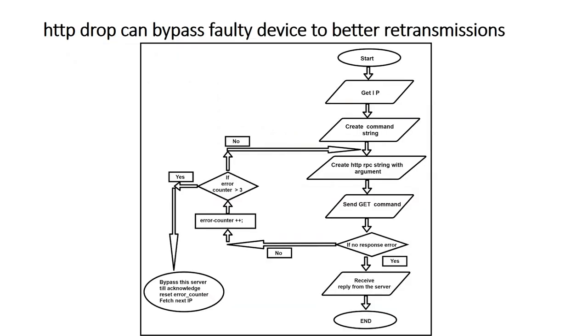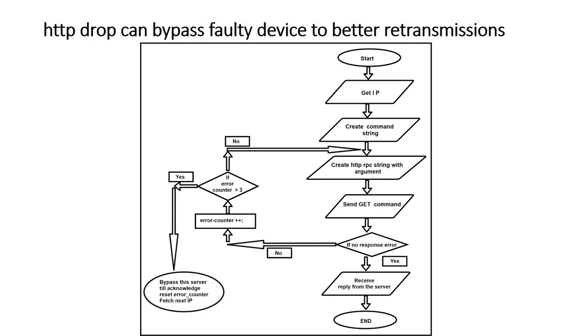Now, in a proper communication system using Ethernet, suppose you are communicating from A to B and device B doesn't exist at all or is kept off. Suppose B is a temperature transmitting device. You are asking what is the temperature from India, and the device is sitting in the US. So it goes through all these things. You send an HTTP GET command. Suppose it goes on sending the packet 16 times, and after 16 times it accepts the failure.